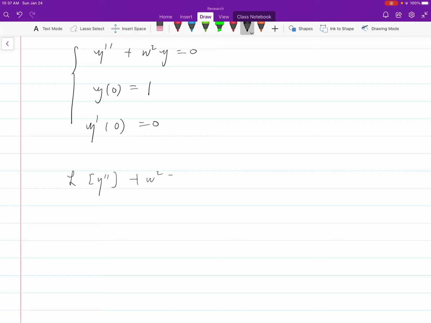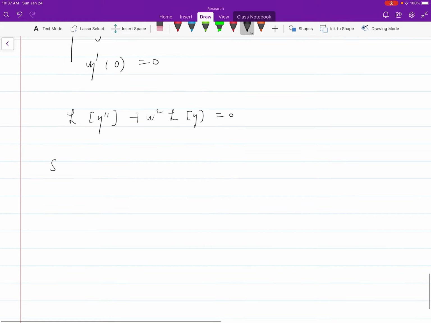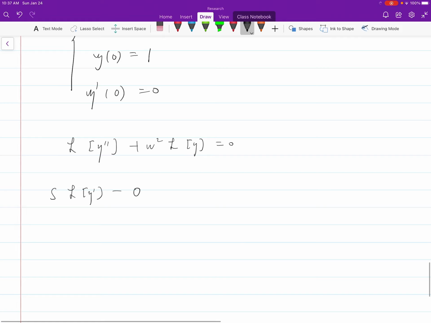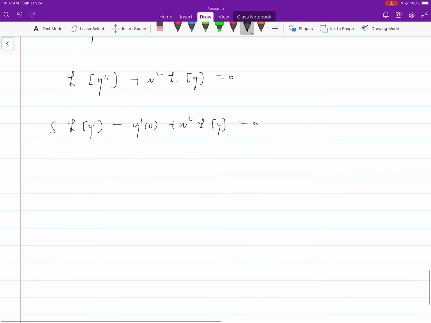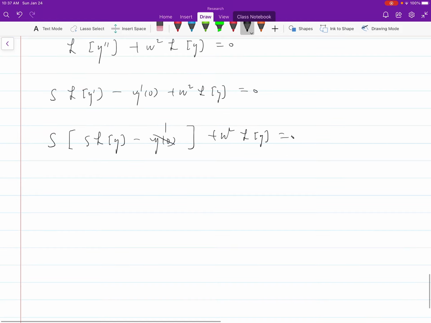You can repeat the process we have. Okay, then we have s L y prime minus y prime 0, which is 0. Okay, and then s Ly minus y(0), which is 1, plus omega squared Ly equals 0.